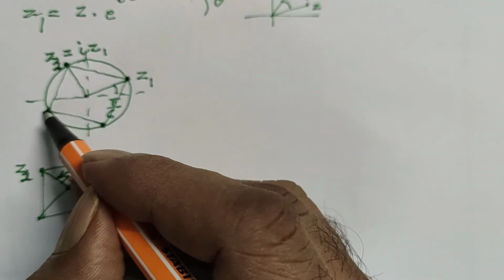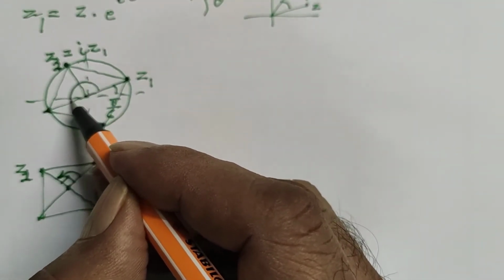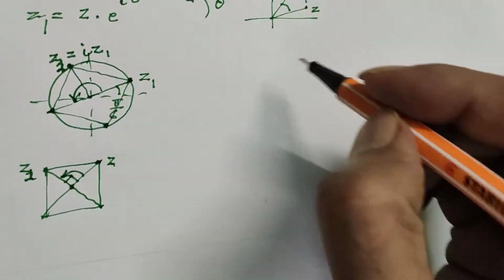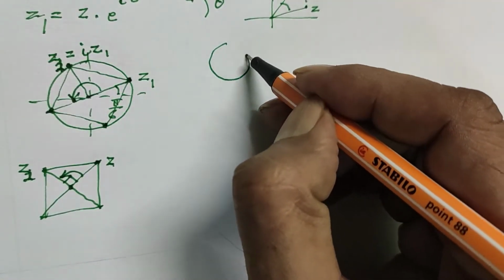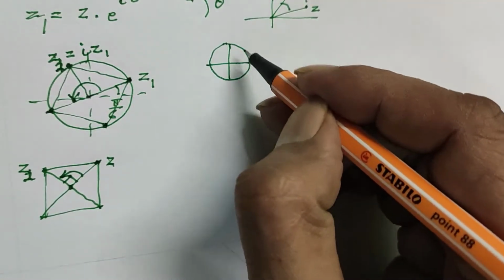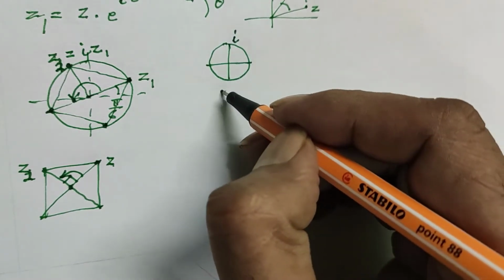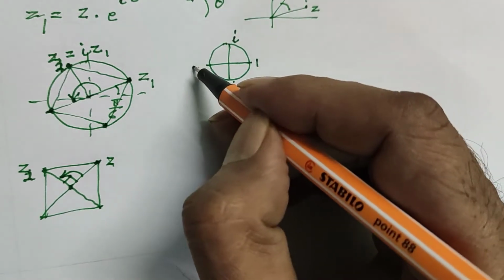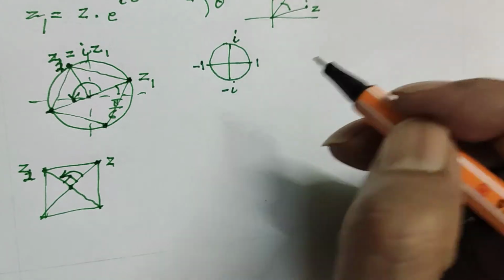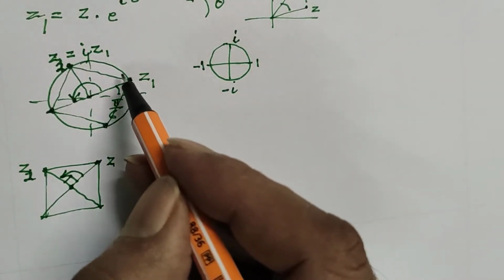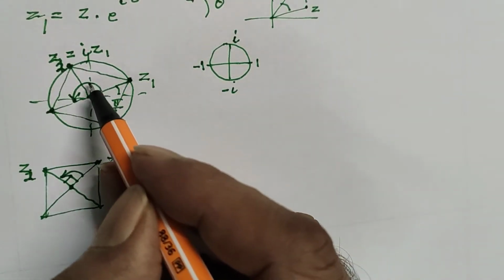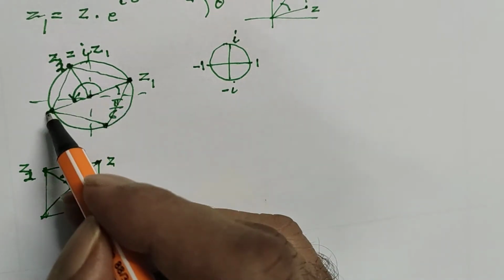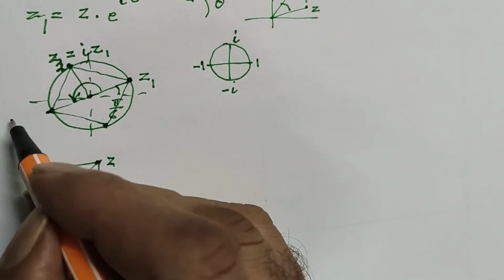Now what about z3? It is turned by pi. And remember this diagram is very important. We will be using it all the time. This point is i, this point is minus i, this is plus 1, this is minus 1 in terms of complex number. So turning by pi is simply going in the opposite direction, and as we have seen, this is minus z1.